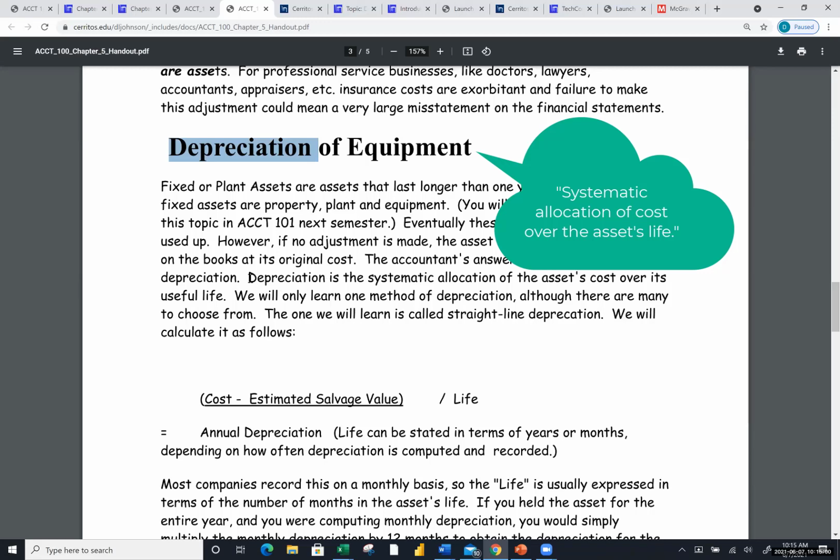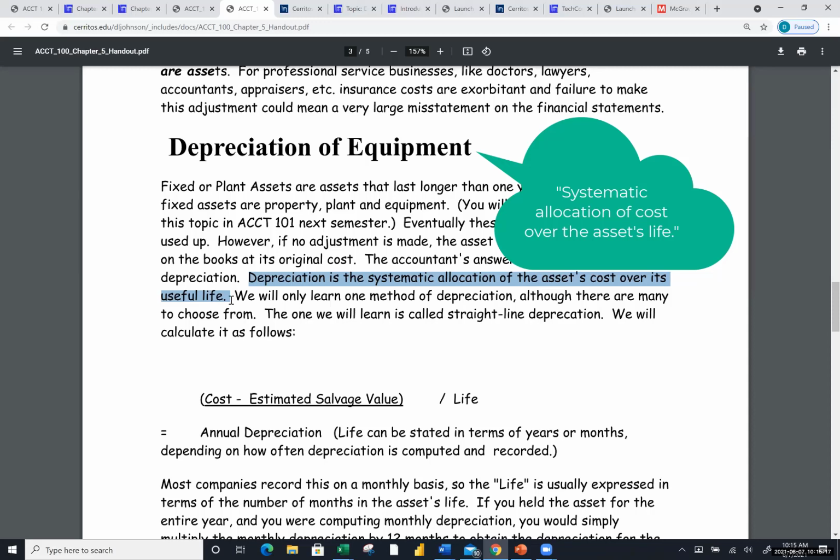And again, if you want me to talk like a professor, here's the definition. Depreciation is the systematic allocation of an asset's cost over its life. Okay, in other words, an asset loses its usefulness.